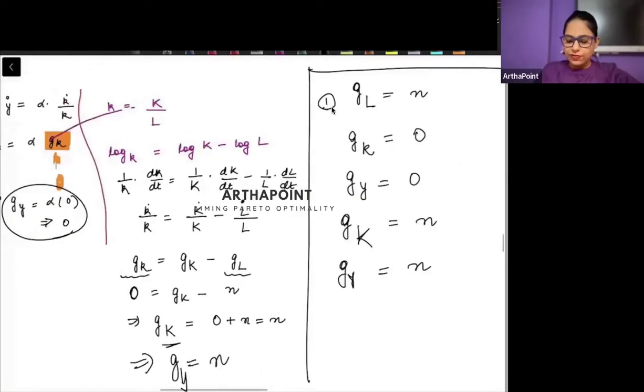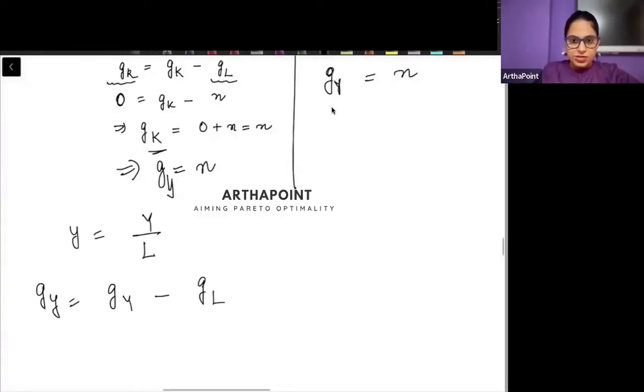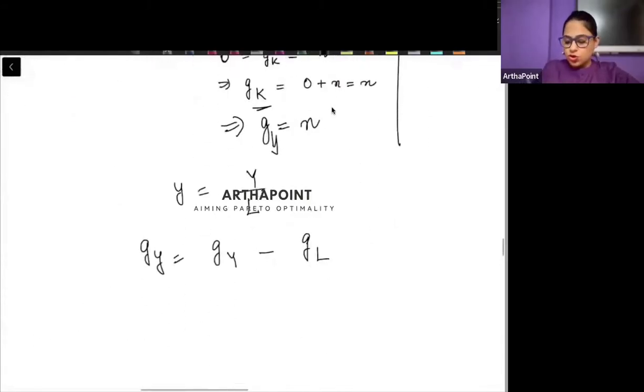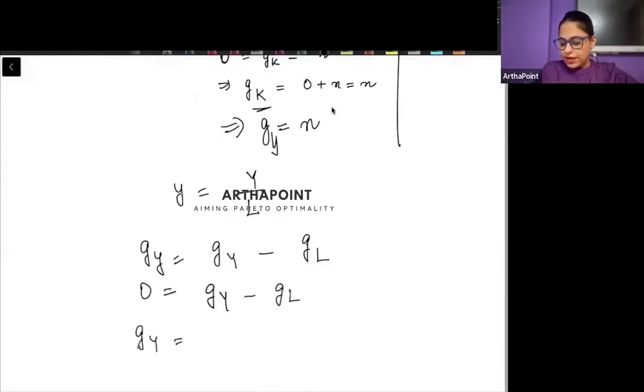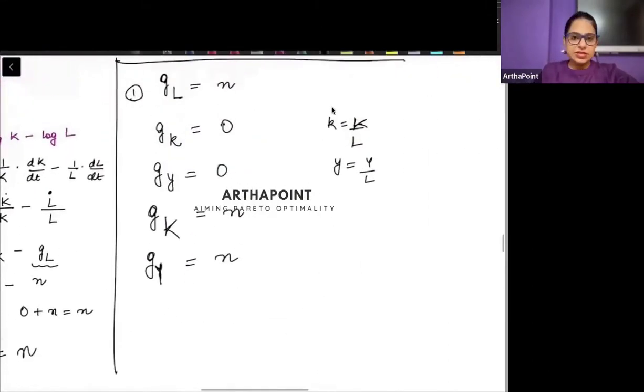You can also prove for Y. ऐसा ले लो, small y को ले लेना capital Y by L. So growth rate of small y will be growth rate of capital Y minus growth rate of capital L. Small y में there was no growth rate. So you remember? So you can just plug 0 here. So this will be this minus g_L. So growth rate of capital Y will be growth rate of labor, which will be n. So we can go ahead and say that this is happening.